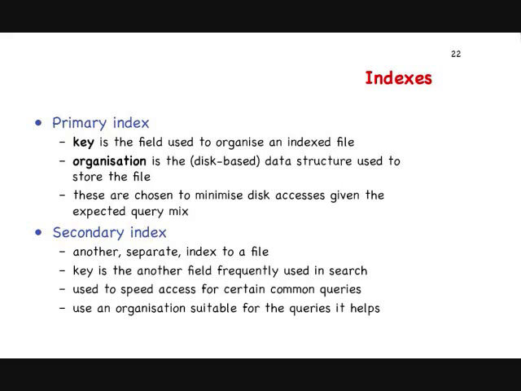So, what sorts of index can we have? We have the primary index. Okay? So the primary index is the thing we use to organise the indexed file. So if we have our electricity company customer table, then how might we want to organise it?